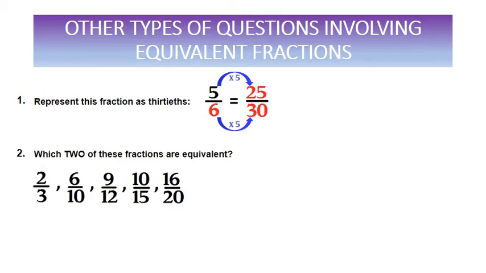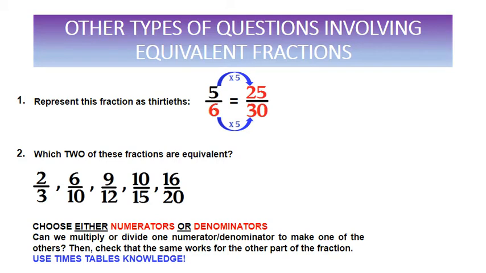Number 2, which two of these fractions are equivalent? Well, what we have to do here is choose either the numerators or the denominators. Focus on one first and read across. Can we multiply or divide one of those to make one of the others? When we've found one that works, we then need to check that we can do the same to the denominator and use times tables knowledge to help.